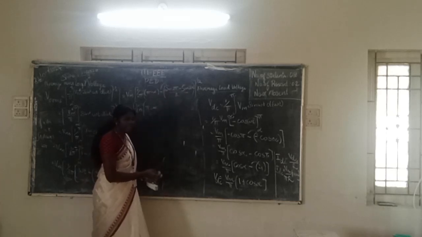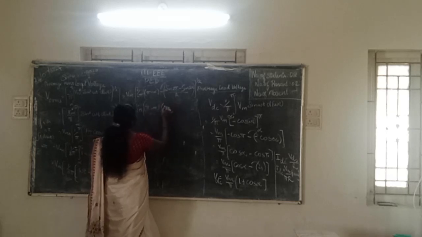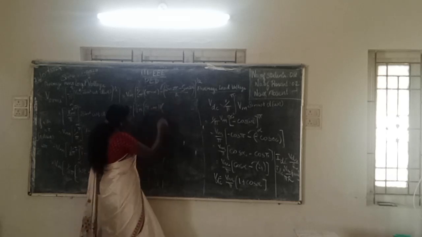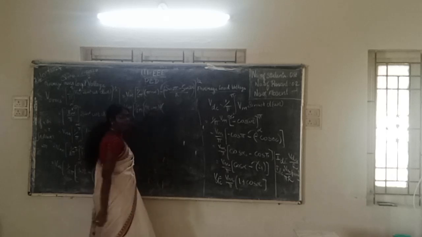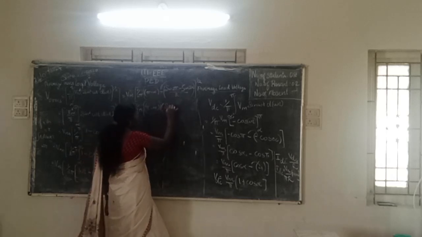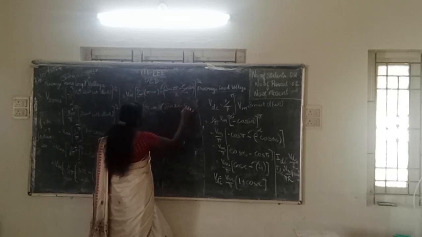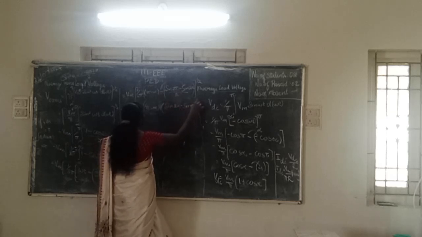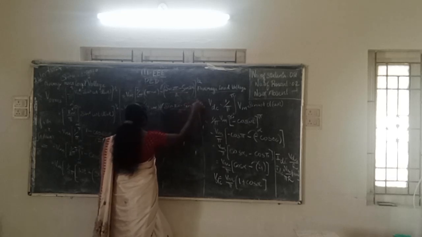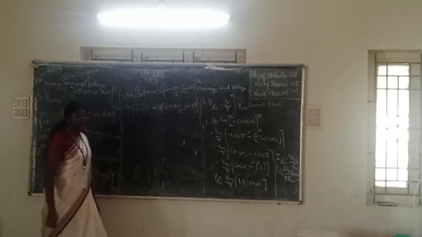Let me rearrange it: sin 2 alpha will become plus, because I am multiplying, so it will become sin 2 alpha minus sin 2 pi by 2, the whole power 1 by 2.